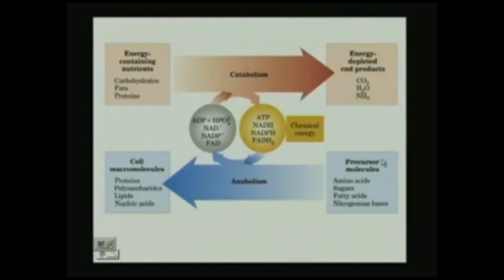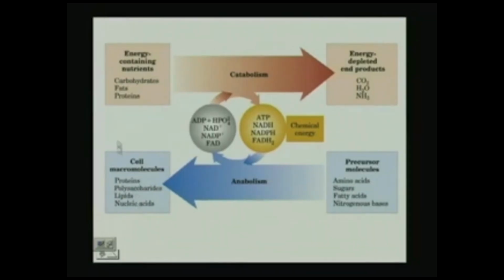Then we have certain precursor molecules found in our body, the amino acids, the sugars, the fatty acids and the nitrogenous bases, that in a process of anabolism, that is in the formation of macromolecules, will ultimately lead to the cell macromolecules such as proteins, polysaccharides, lipids and nucleic acids.